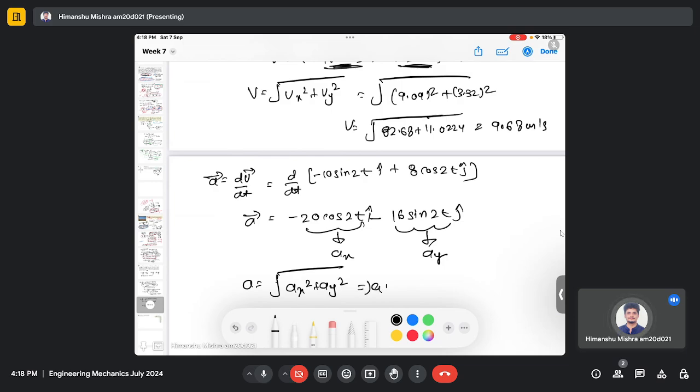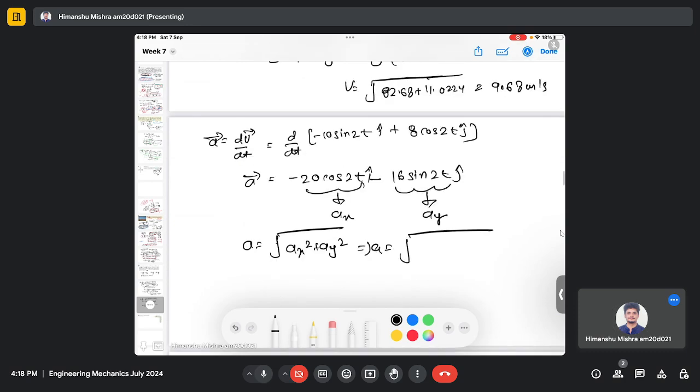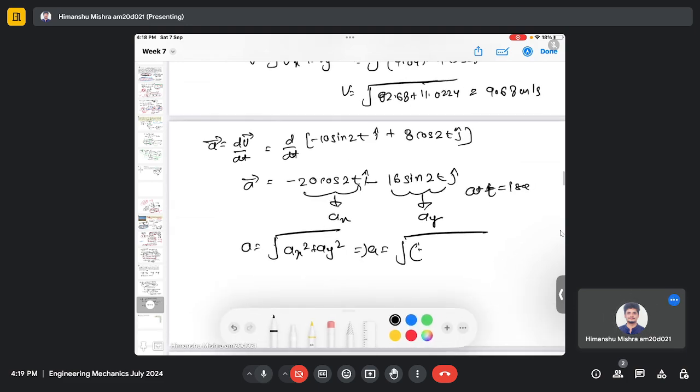So our total acceleration at time equals 1 second will be the square root of minus 20 cos 2 square plus 16 sine 2 square.